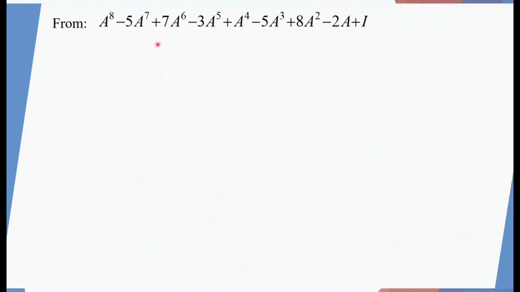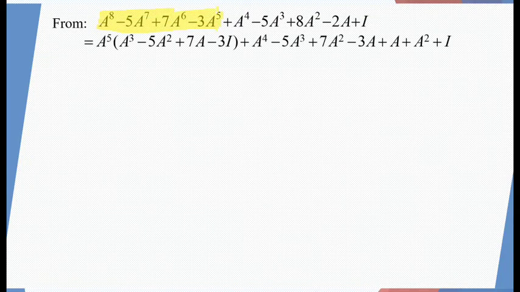So from this particular expression we have to solve or simplify. Actually this particular phenomenon is something like the characteristic equation. So if we convert it in terms of the characteristic equation, then we can simplify it easily. Now see, the first four terms, can we get A raised to power 5 as a common factor from here in this particular manner?